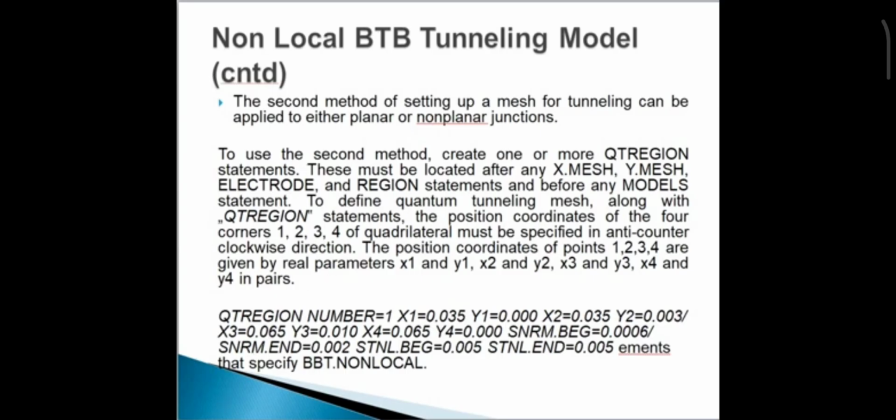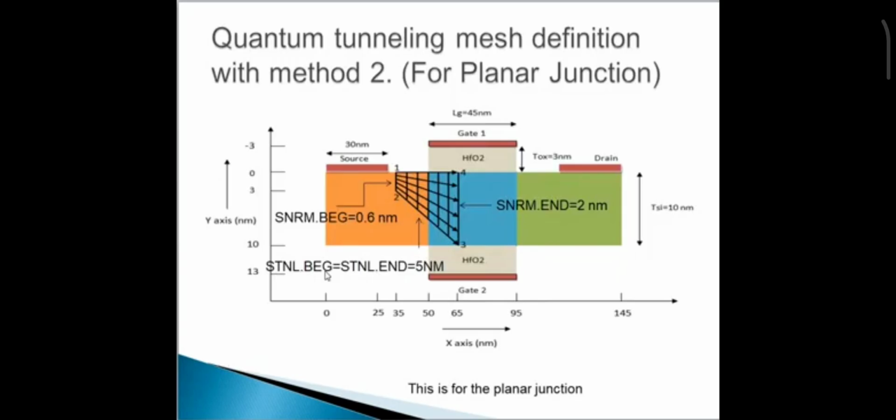The value of snrm.beg is 0.6 nanometer and the value of snrm.end is 2 nanometer, which means the spacing where points 1 and 2 lie is 0.6 nanometer, and on the other side of the PN junction where points 3 and 4 lie, the spacing is 2 nanometer. This means snrm.beg and snrm.end simply specify the spacing at the two sides of the junction.